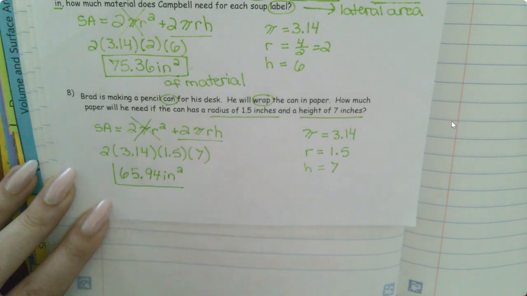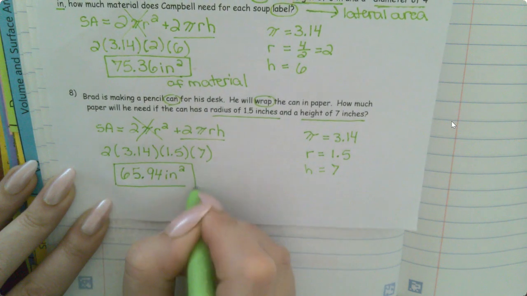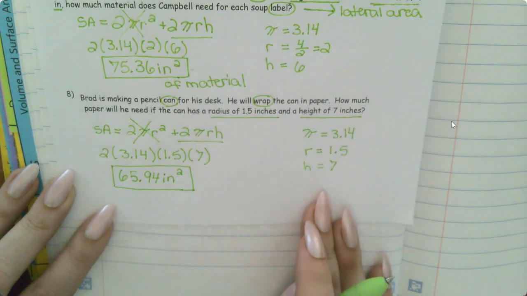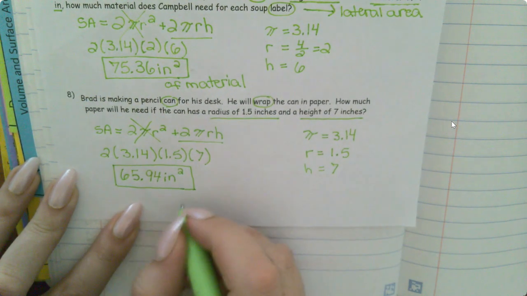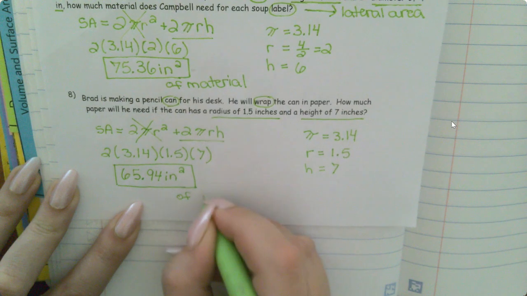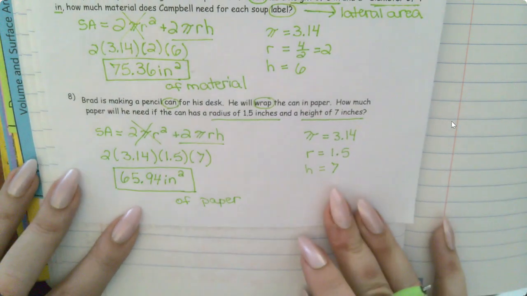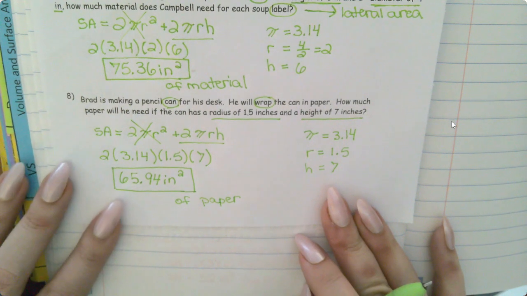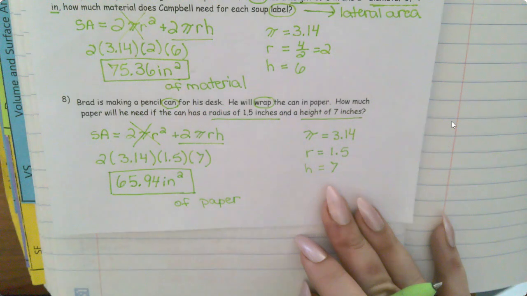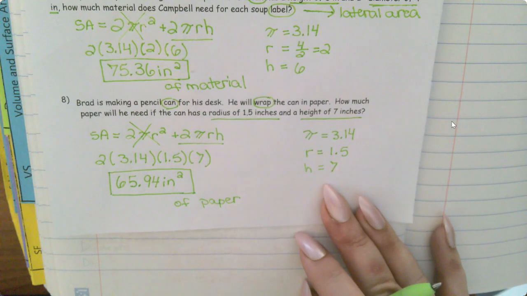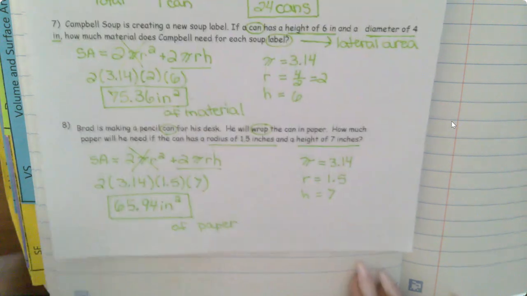And it asked how much paper will he need, so you could add kind of an additional label after this if you want. 65.94 inches squared, you could say, of paper, to just be a little bit more specific. Okay, so you have to distinguish, you have to read, okay, to figure out the shape, what you're solving for. Am I even going to use the entire formula, or do I just need part of it? You have to pay attention to detail with this unit.